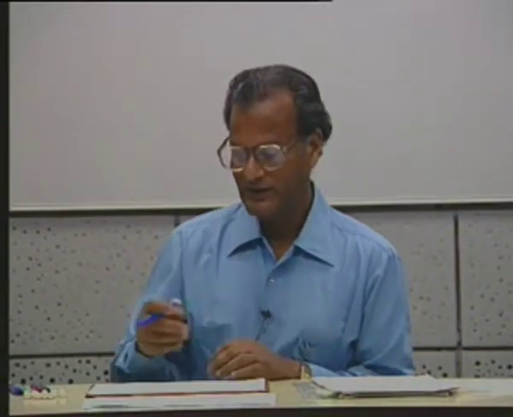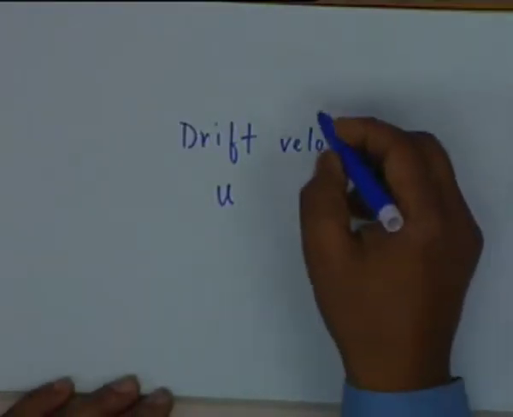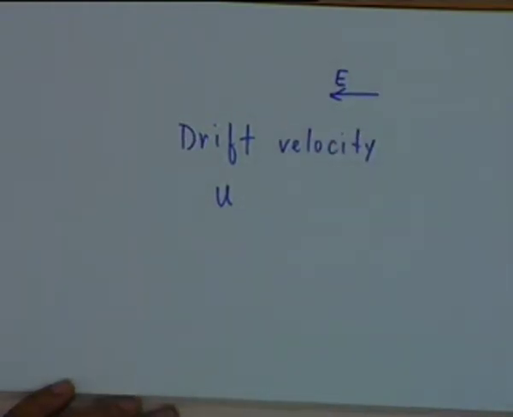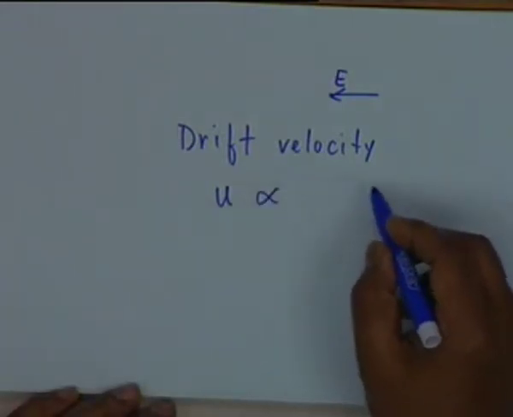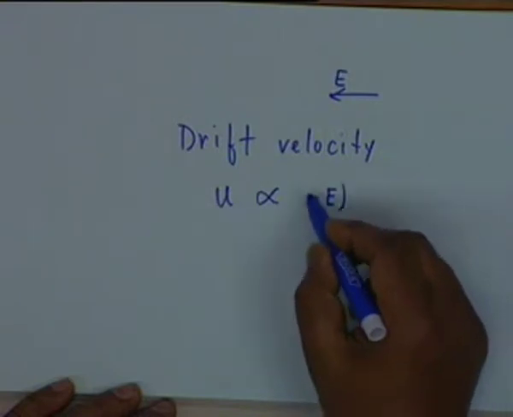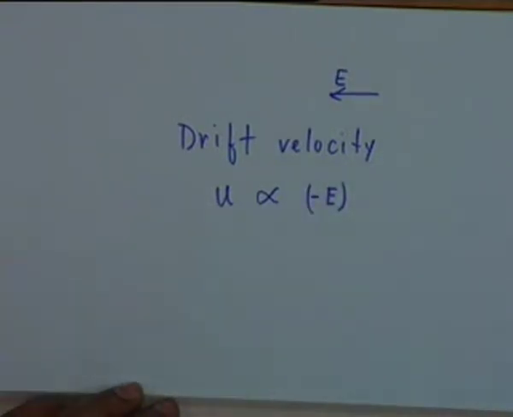It loses it to the vibrating ion, and this drift velocity in the direction opposite to that of the electric field is obviously proportional to the electric field. U shall be proportional to the electric field, and we show this as minus E because the direction of motion is opposite to that of the electric field.